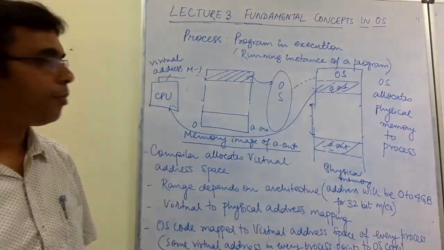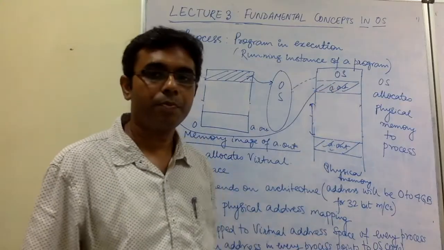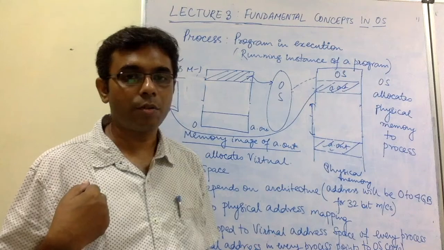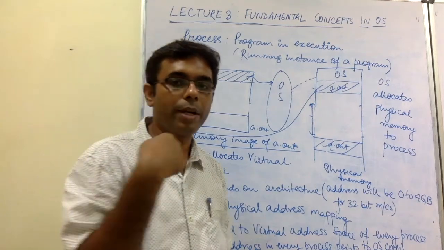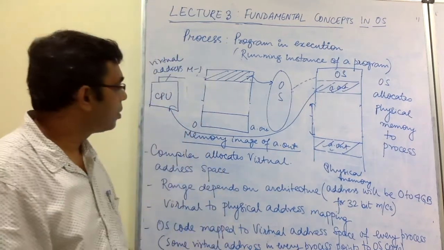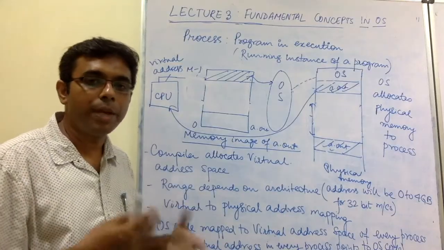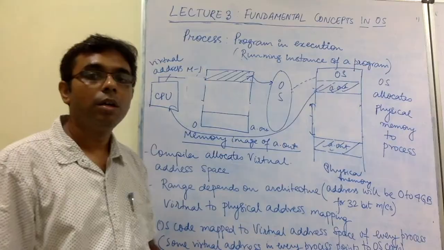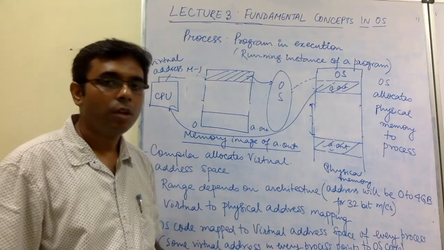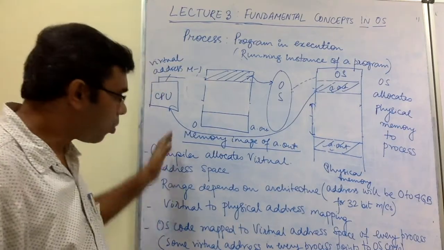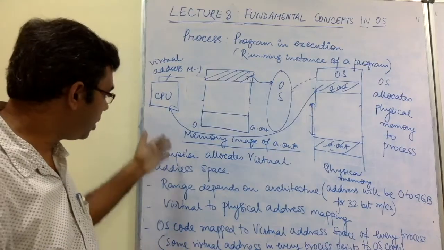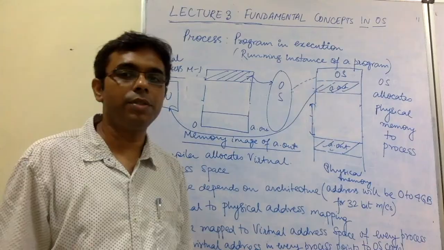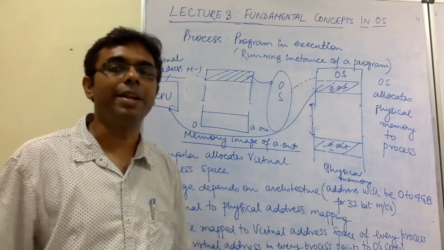They will be available within the kernel code itself, and accordingly those instructions will be fetched from the kernel and provided to the CPU. And remember that when the CPU is executing these instructions, the CPU itself will be switching to the privileged mode. So this is how the virtual address range and the physical address range of a process is maintained.